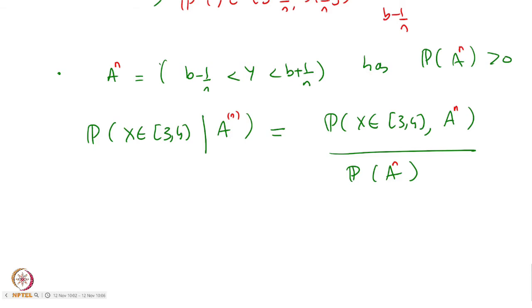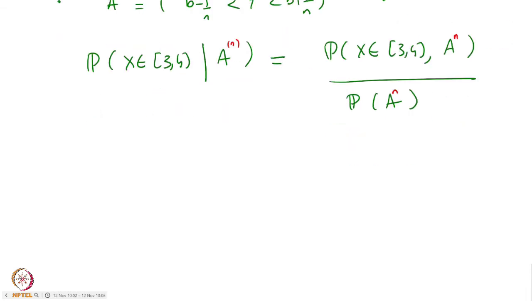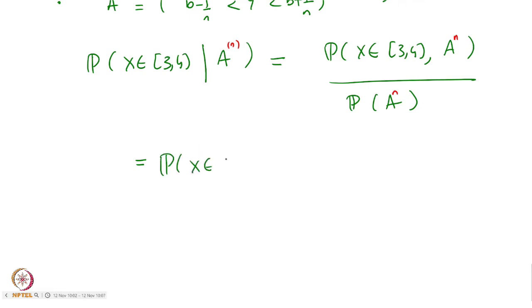But what is that going to be? It's going to be the same as the chance. Let me write this whole thing down so that it's clear. It's the probability of x in 3, 4.